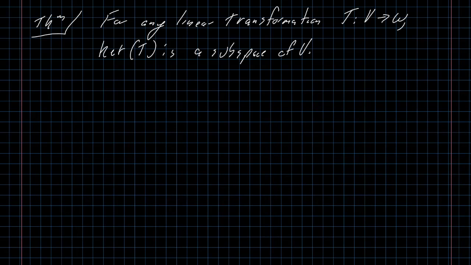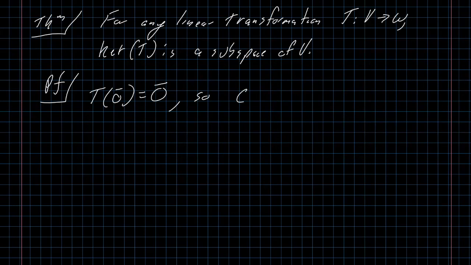We want to show that it is a subspace. And as with the last proof, to show that something is a subspace, we need to show that it's first non-empty.